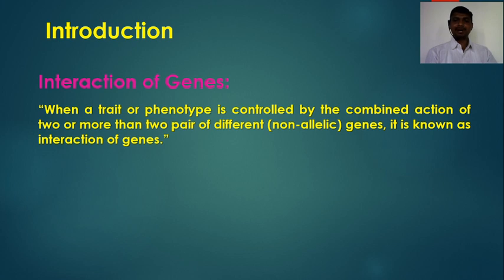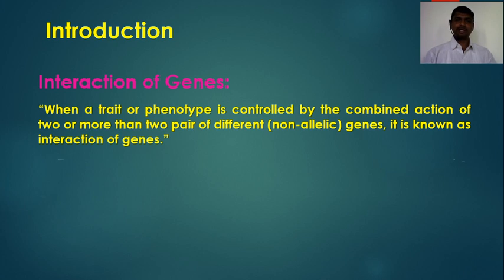These genes are not alternative forms of a single gene. Such genes we call non-alleles or non-allelic genes. When a trait or phenotype is controlled by the combined action of two or more pairs of different non-allelic genes, it is known as interaction of genes.